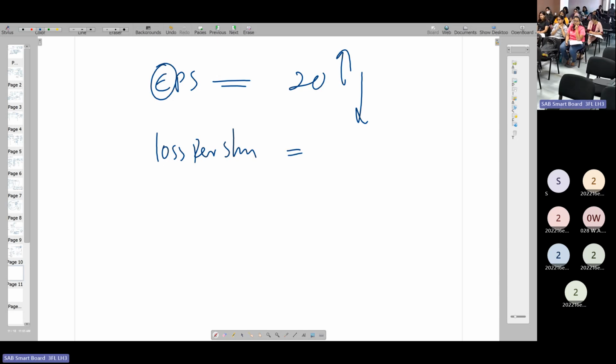Dilution: this earnings per share should be reduced. Then we call it diluted EPS. If this is loss per share, this loss should be increased. Is that dilution or not? That's a dilution. If earnings per share decrease or loss per share increase, that is called dilution.